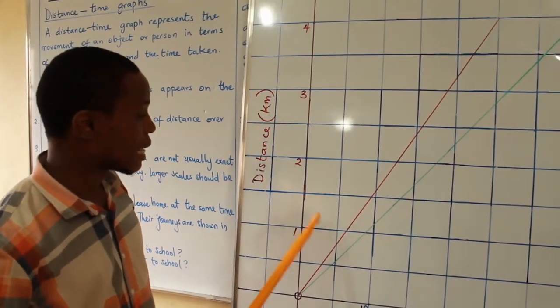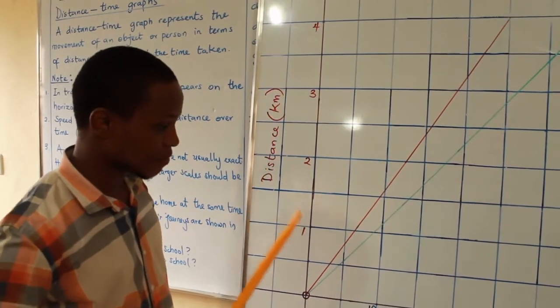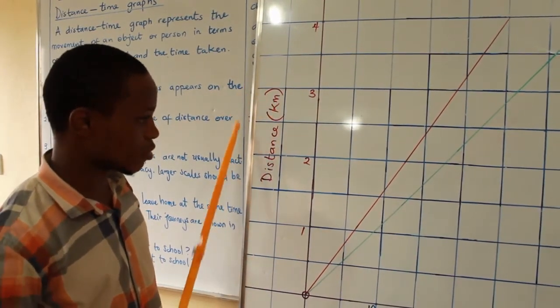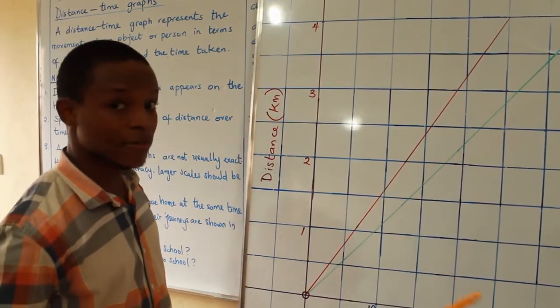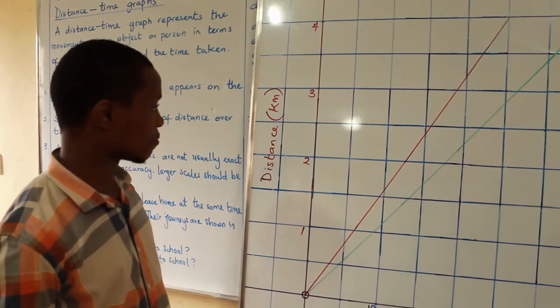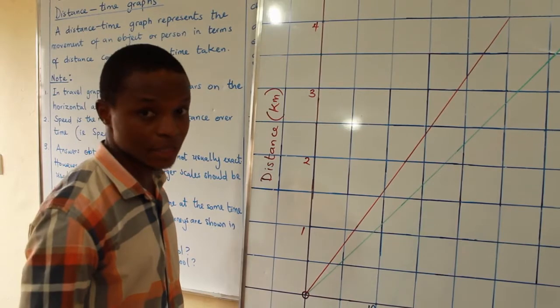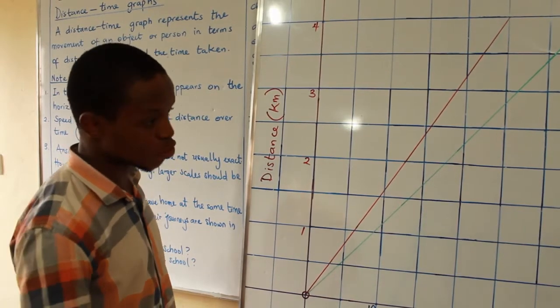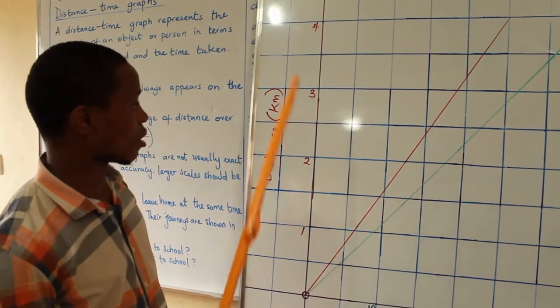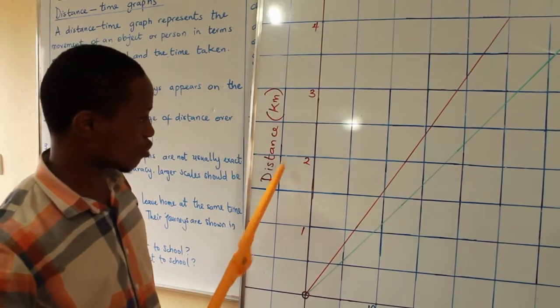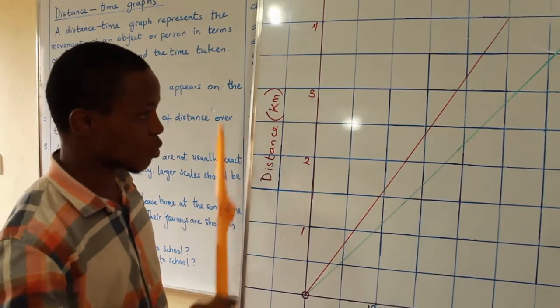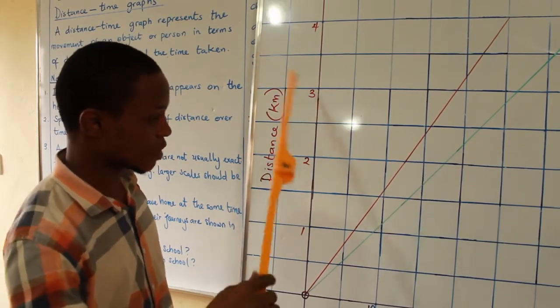Because we're treating a distance-time graph, the distance is on the vertical axis. We also have other types of travel graphs like the speed-time graph and the displacement-time graph. In those graphs, we are particularly going to pay attention to what we place on the vertical axis.